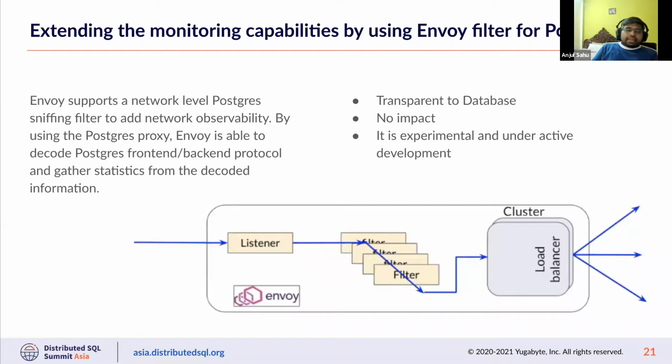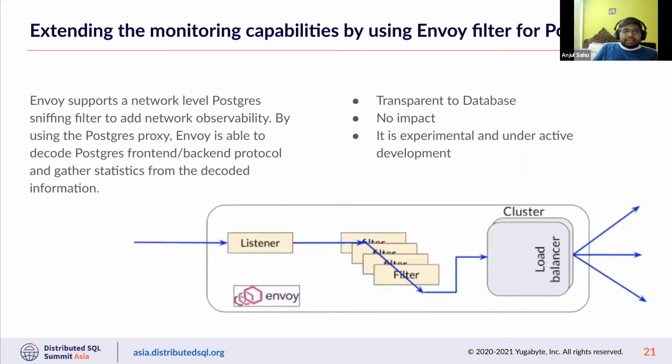Istio comes with the Envoy proxy, and Envoy implements Envoy filters, which you can use to provide sniffing capabilities. When traffic is coming into the Yugabyte service via the Envoy proxy, you can put filters.